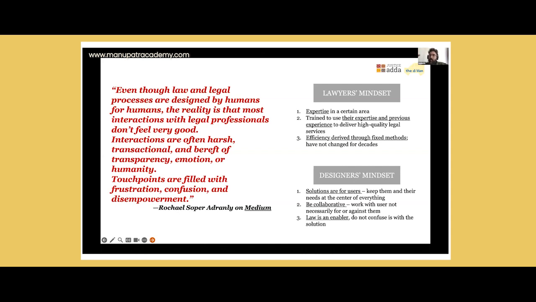And that niche knowledge often means that you do not necessarily build this knowledge in a collaborative sense, which is where a designer mindset emerges, where you see your interaction with your client, your interaction with your customer, as necessarily collaborative, not as something that is between an expert and a user.